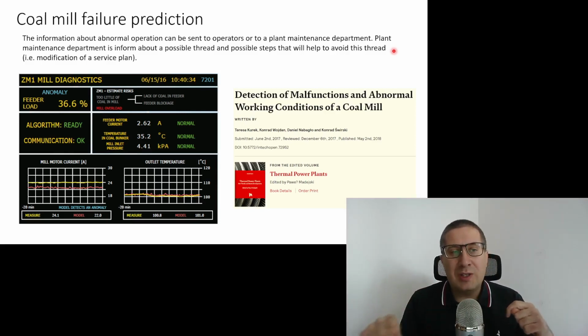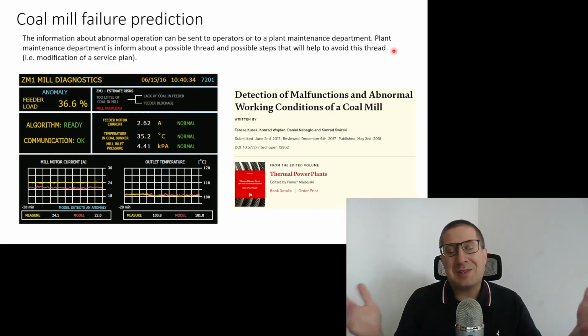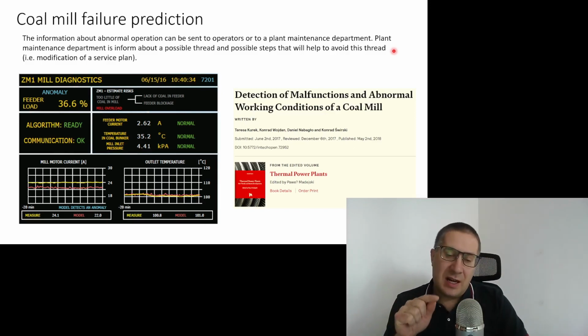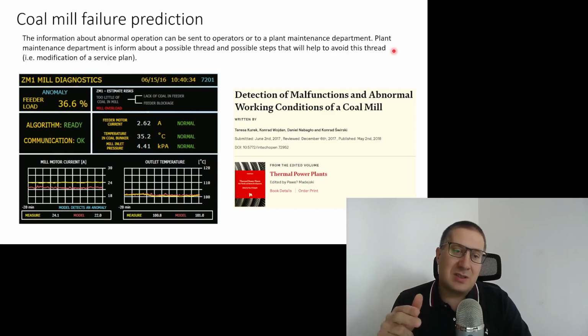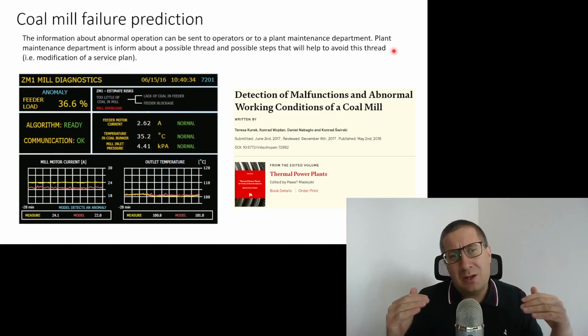It's also our optimizer, so it was easy for us to combine it with such an algorithm that detects problems or risks of a failure associated with the coal mills. If such a risk is detected, the signal is sent to the optimizer to reduce the load of this coal mill, right?